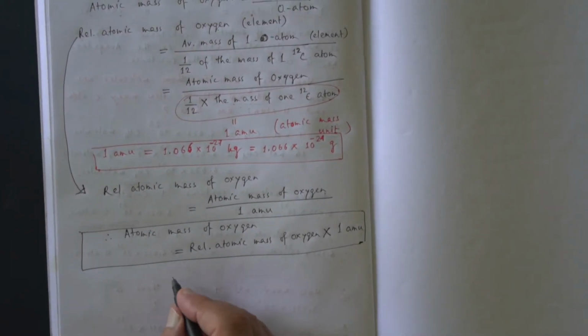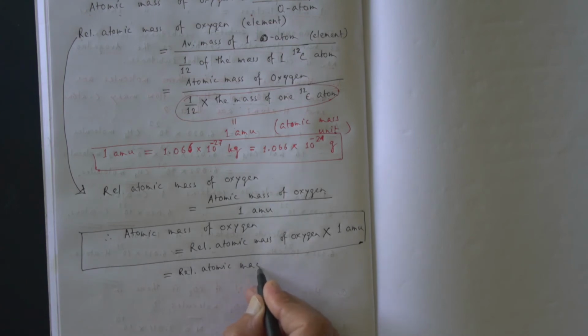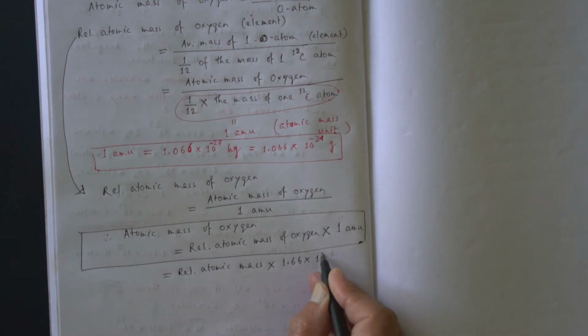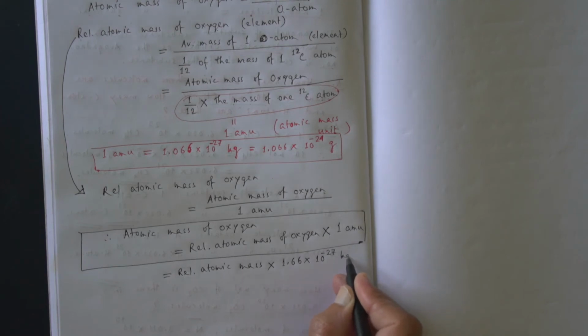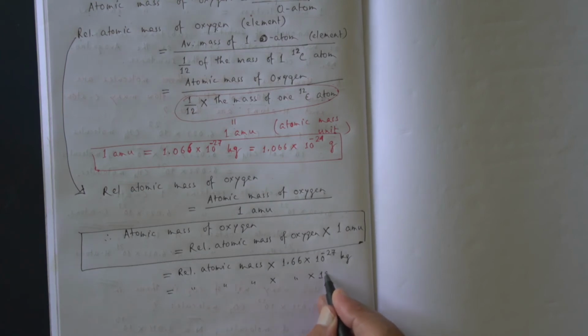So we got a relation: relative atomic mass into 1 AMU. And in place of 1 AMU I can write relative atomic mass into 1.66 into 10 to the power minus 27 kg, or relative atomic mass into 1.66 into 10 to the power minus 24 gram.